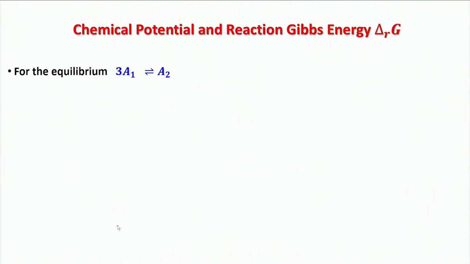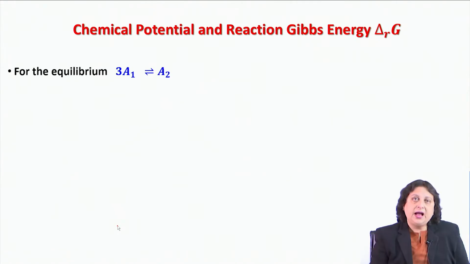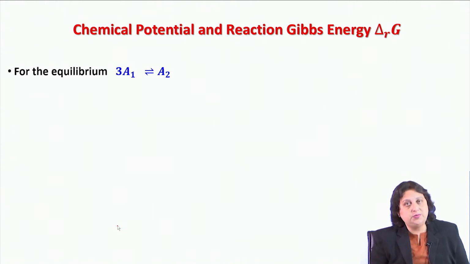Now, if I take a very simple example, I have 3 moles of A1 producing A2. This is the balanced stoichiometric chemical equation, and I understand that at a given temperature and pressure, the species A1 and A2 are in equilibrium with each other.